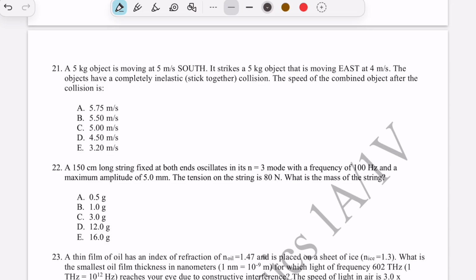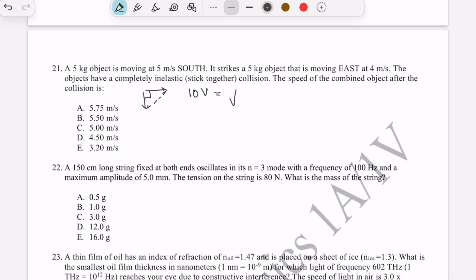So I have something moving south and something moving east. And what you notice here is this is a right angle triangle. So I'm going to use something similar to Pythagorean theorem to solve this. So when they're stuck together, that's 10 kilograms. And we want to find the speed after they stick together. So that is this part, the hypotenuse of the right angle triangle.